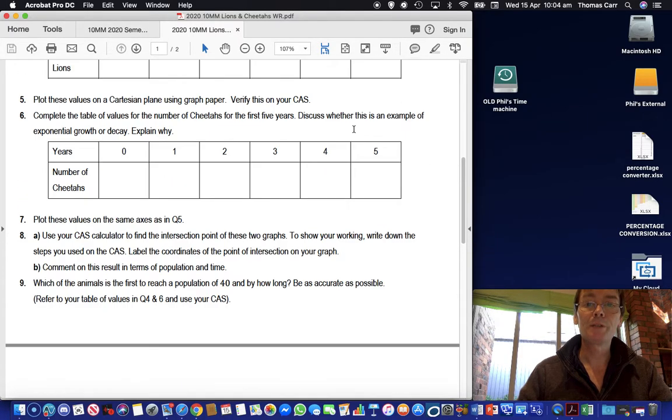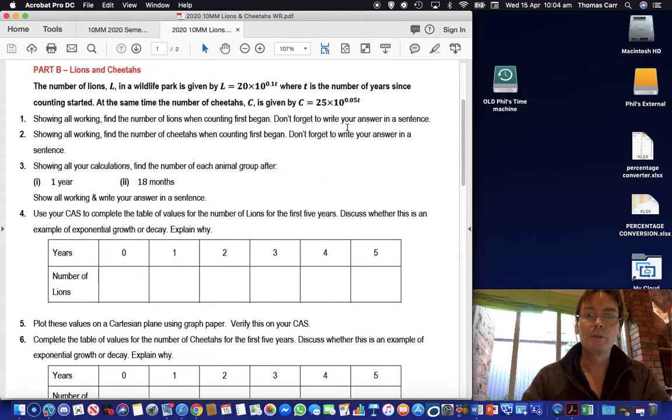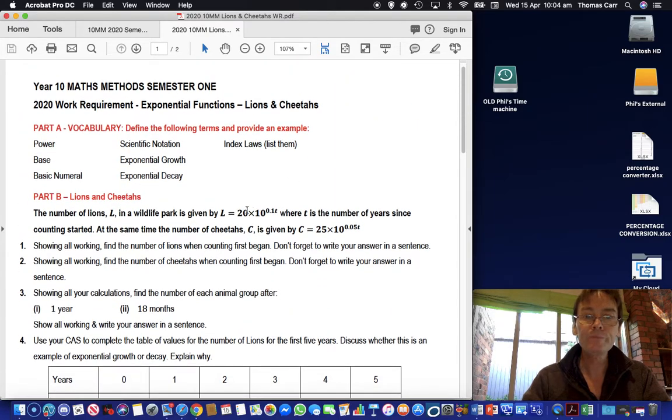All of them are exponential equations, and all of them have got a few things in common. They've got a number at the front without an exponent on it, no power, just a 20 times. It's multiplying an exponential part of it.